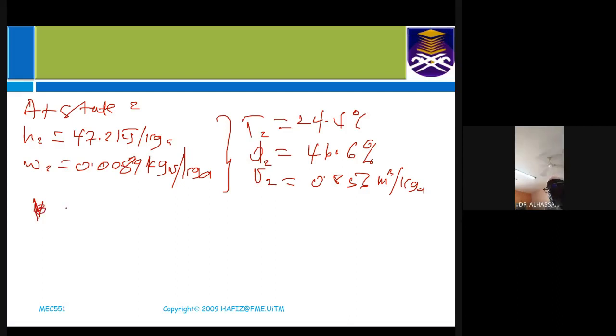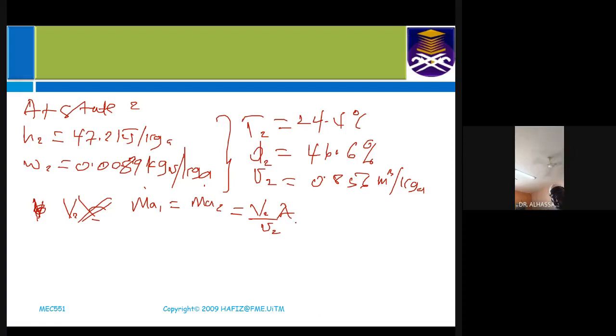Or rather, we should use the mass flow rate. The mass flow rate at state 1 equals the mass flow rate at state 2, and this equals V2 divided by specific volume at state 2 times the area.